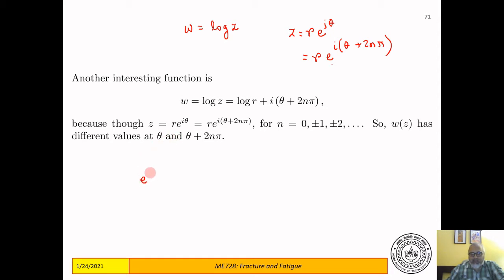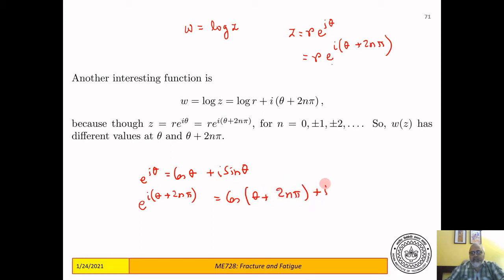Remember, e to the power i theta is cos theta plus i sin theta, and e to the power i (theta plus 2n pi) is cos(theta plus 2n pi) plus i sin(theta plus 2n pi).